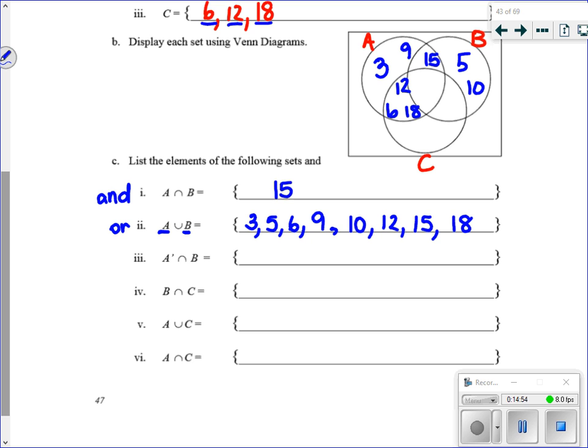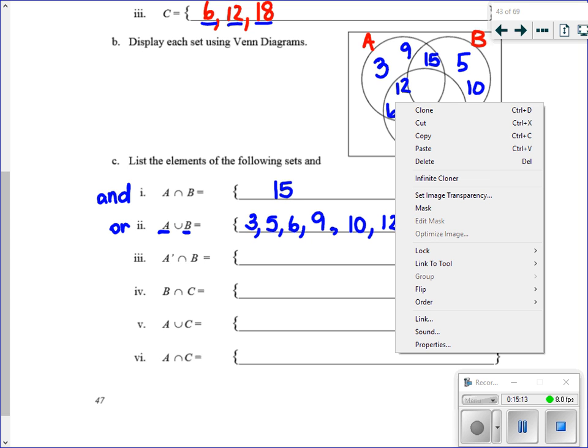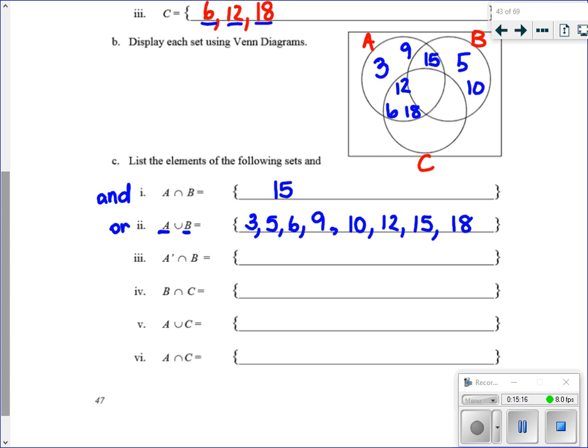That means they're in the universal set, but they are not in A. Okay, so we disregard anything that is in A. So all that's left is 5 and 10. If you cover up A with your hand, put your hand right over top of A, it means nothing that is in A, right? So that's just 5 and 10, and it's where that intersects B. In other words, it is also in B. Well, 5 and 10 is also in B. So that is just 5 and 10.